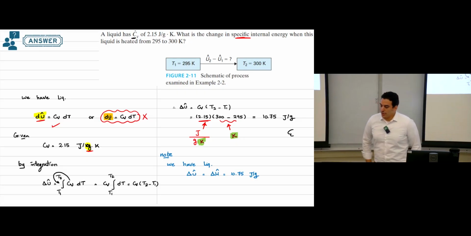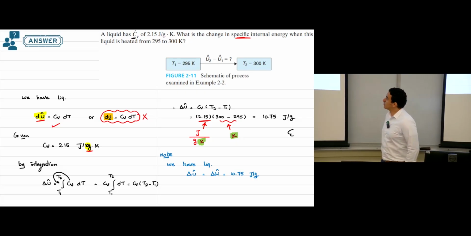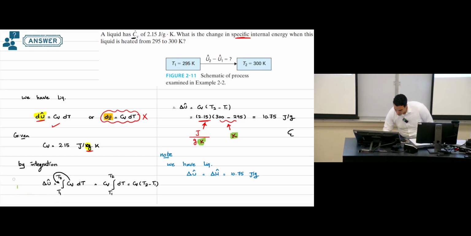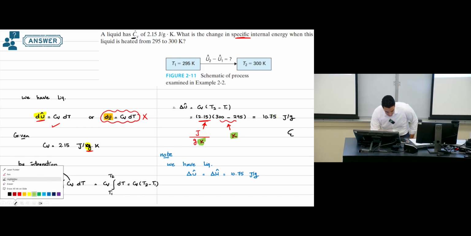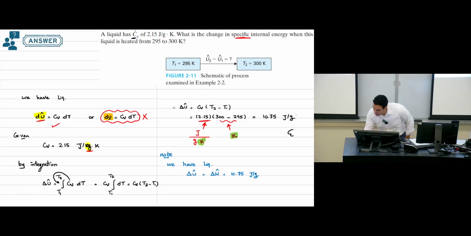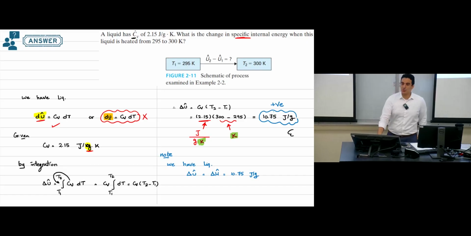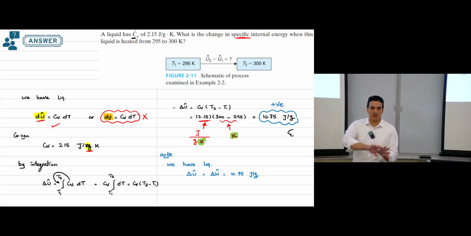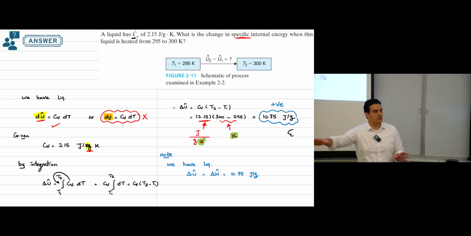Okay. So now, one of the things that you can do to check your solution: the delta U, the change in the internal energy we have here, was positive. So do you think this is consistent with the process? What is happening here? You are increasing the temperature of your substance.